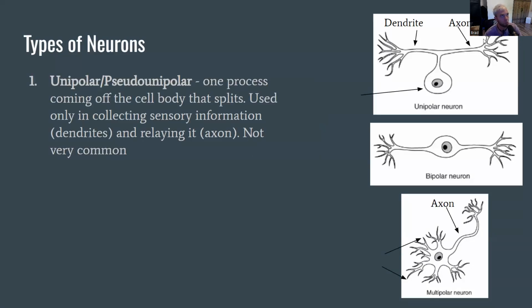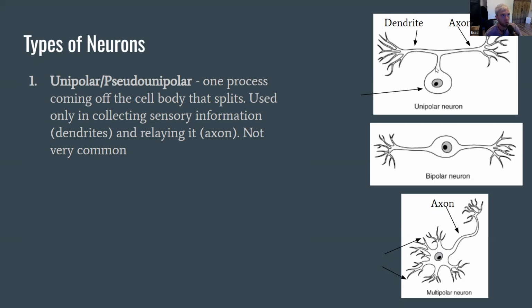So you've got the unipolar or pseudounipolar. It has one process. You'll notice here's the cell body and it only has one process, and then that process splits into a dendrite and an axon. These unipolar neurons are very good at receiving sensory information and immediately transmitting it down the axon to its target synapse, usually running it up towards the central nervous system for processing.